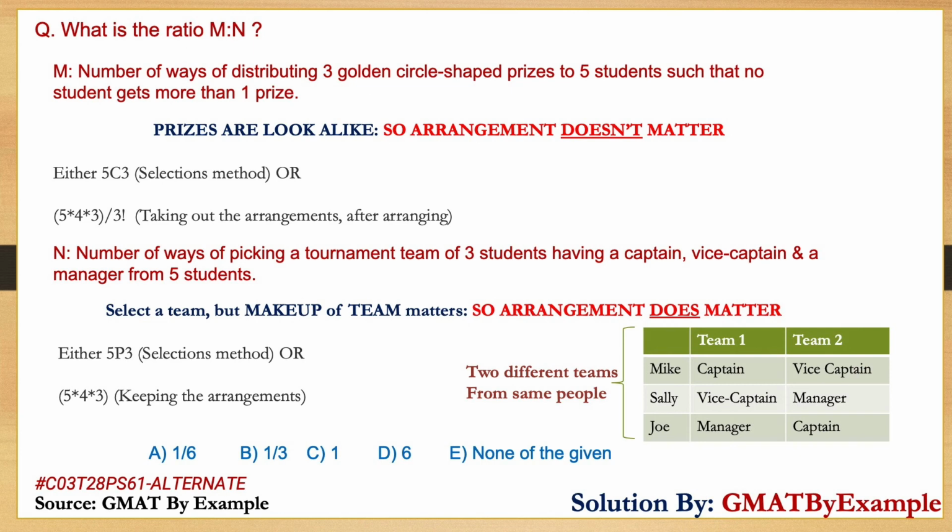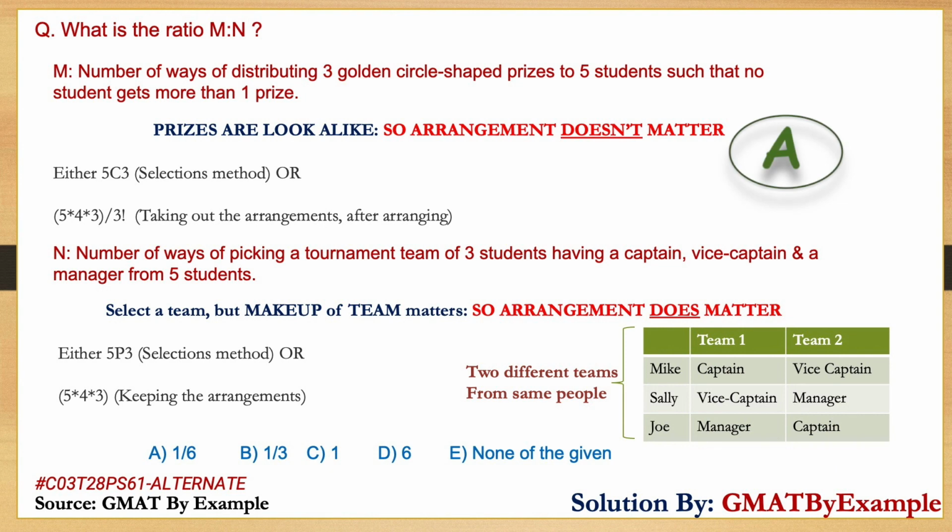In the second question, however, everything is switched. Since the prizes are look-alike, who gets what prize doesn't matter, and hence the arrangement doesn't matter. On the other hand, even though we are selecting a team, the makeup of the team matters. So if Mike were a captain and Sally was a vice captain and Joe was a manager, it would be a different team than if Mike were a vice captain, Sally was a manager, and Joe was a captain.